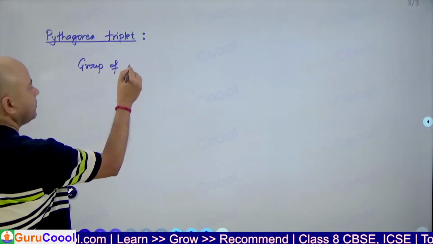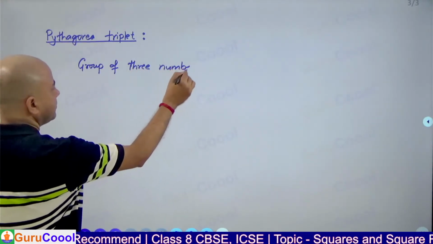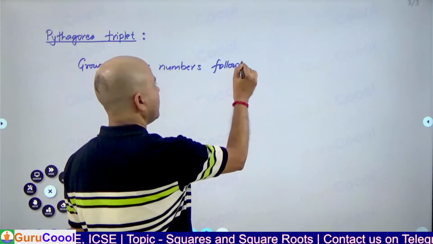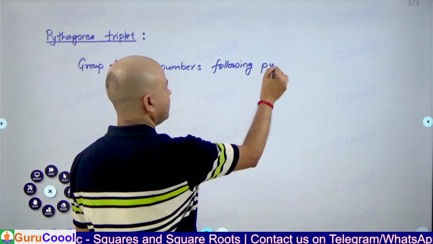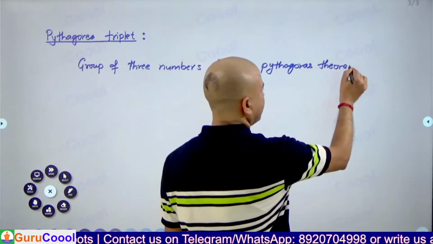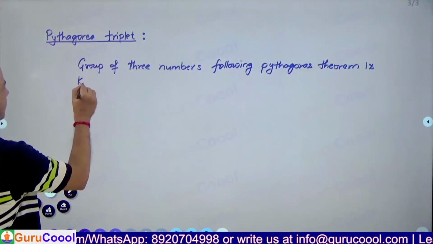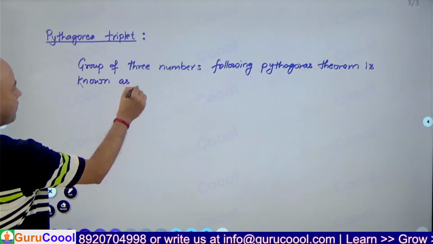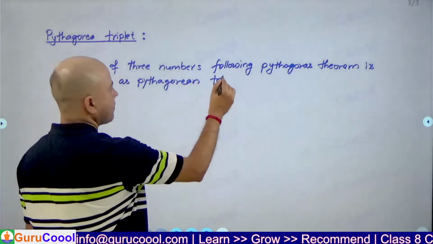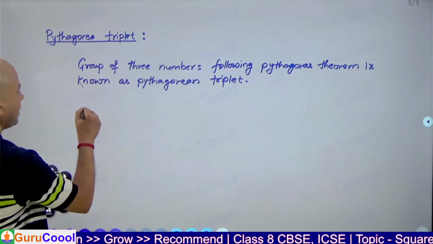Group of three numbers following Pythagoras theorem is known as Pythagorean triplet. Example.